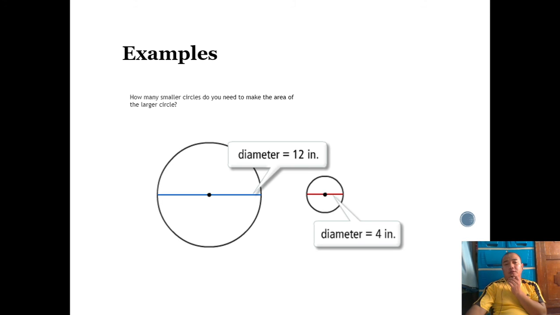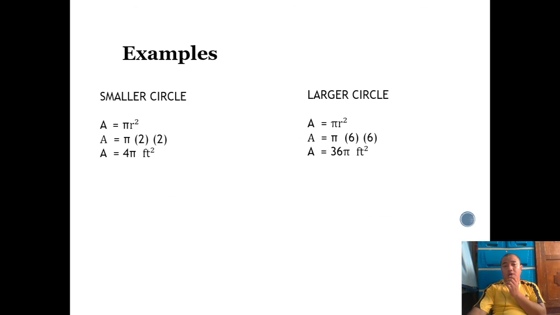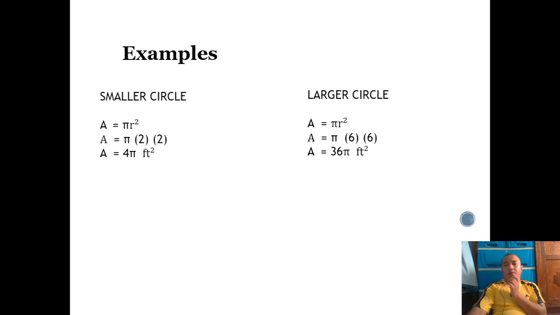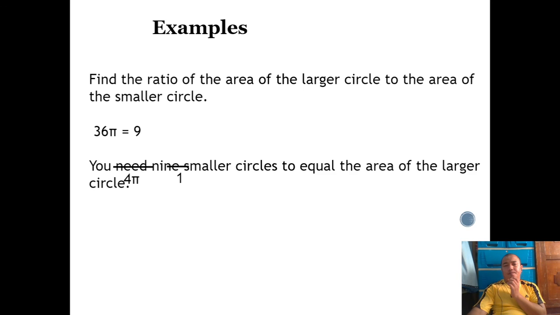How many smaller circles do you need to make the area of the larger circle? The diameter of the bigger circle is 12 inches, and the diameter of the smaller circle is 4 inches. For the smaller circle, 4 inches in diameter, the radius is 2, so 4 pi square inches. The larger circle's diameter is 12, so the radius is 6. 6 squared is 36 pi square inches.